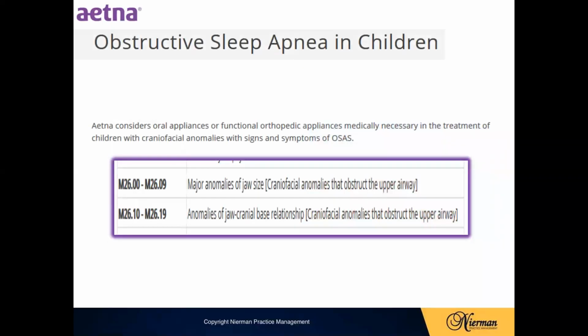Here's a sample of something you might use with a child, major anomalies of jaw size. And they actually state in this policy that they will consider functional orthopedic appliances medically necessary if the patient has a craniofacial anomaly, especially if they have signs and symptoms of OSA.